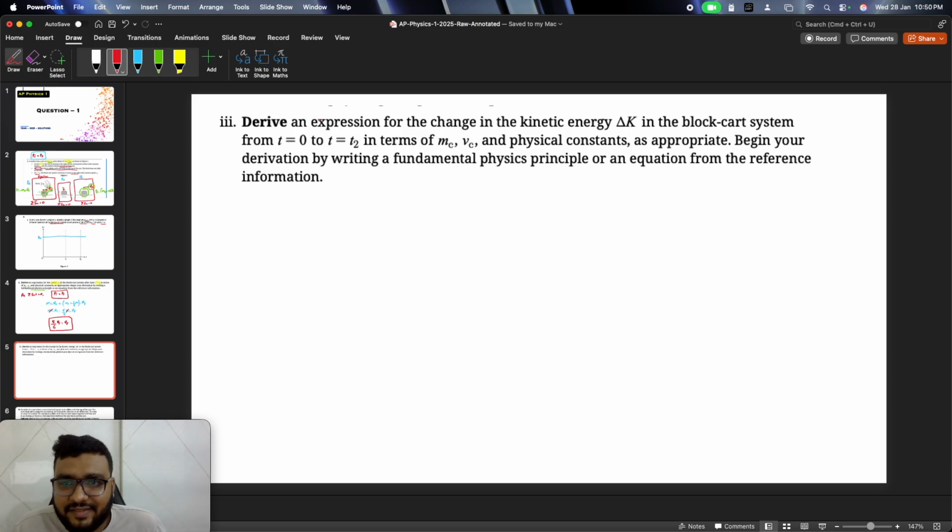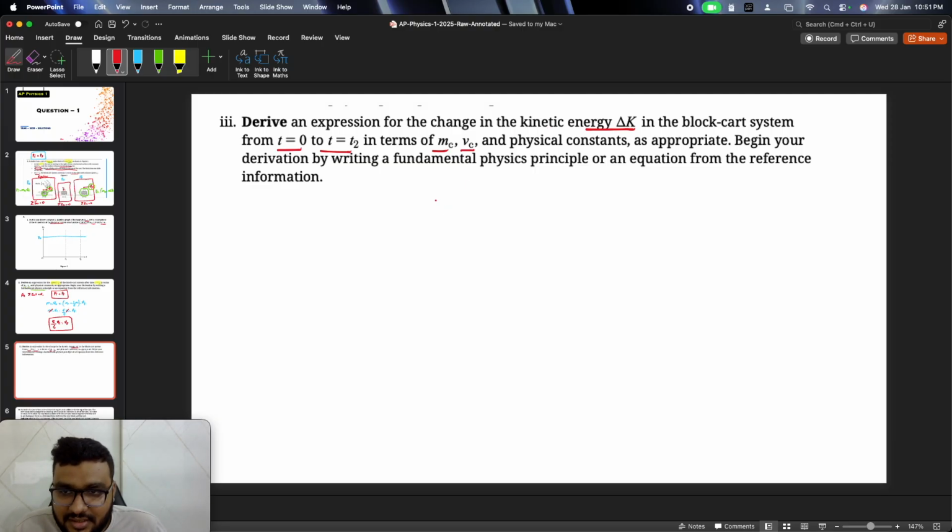What does it say? Derive an expression for the change in kinetic energy, delta K, in the block-cart system from t equals 0 to t equals t2, in terms of, again, whatever constants we have: mc, vc and all the physical constants. And again, begin your derivation by writing a fundamental physics principle or an equation from the reference information. So what is the change in kinetic energy?